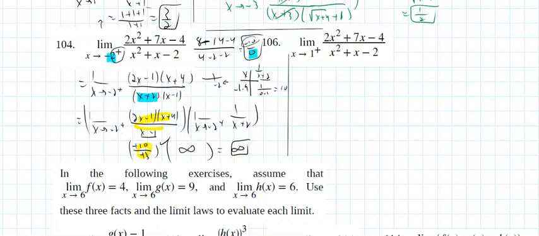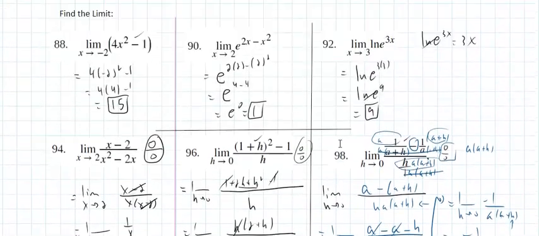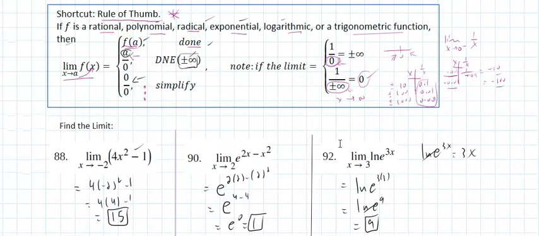Same deal here. I'm approaching 1 from the right, so the top is 2 plus 7 minus 4 over 1 plus 1 minus 2. That happens to be 9 minus 4, which is 5, over 0. Again, if I make a calculation error in algebra, you just fix that. That's not an issue. Sometimes I do that. So I know the answer again is either positive infinity or negative infinity according to this shortcut.